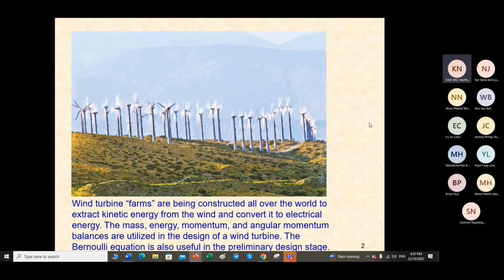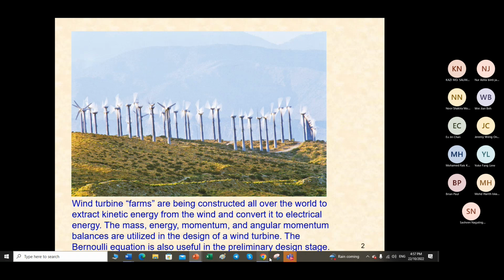If you see the wind turbines, they are using the available wind energy for extraction, transformation of the energy from one form to another usable form.